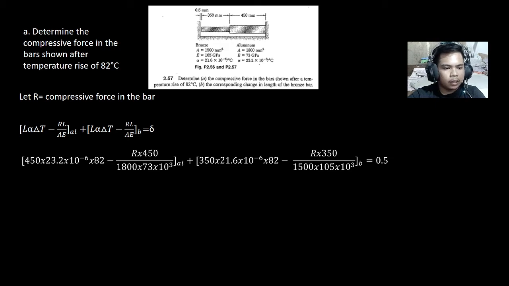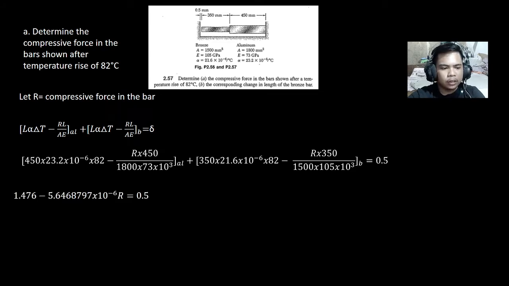So it will be 450 times 23.2 times 10 to the power of negative 6 times 82 minus R times 450 over 1800 times 73 times 10 to the power of 3, plus 350 times 21.6 times 10 to the power of negative 6 times 82 minus R times 350 over 1500 times 105 times 10 to the power of 3 is equals to 0.5.